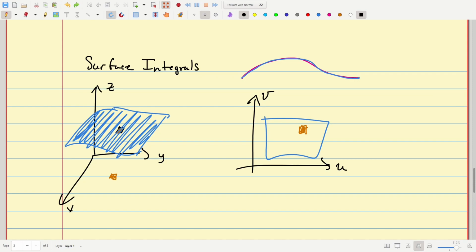Now, the surface integral of the function 1 with respect to the surface is another way to do surface area.